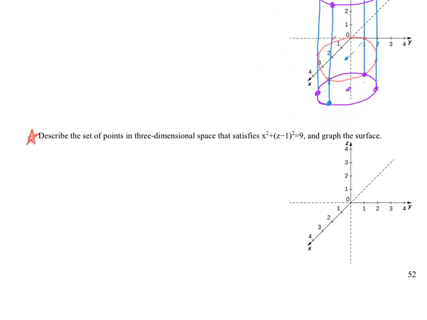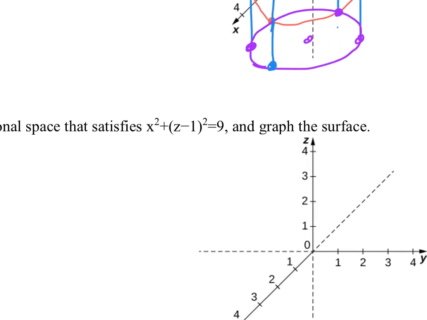So number 52: describe the set of points in three-dimensional space that satisfy this equation. All right, so what we have here is a center of 0, 1 with a radius of 3. The issue is it's not x, y like it was in the previous function, like it would be in 2-space, or the xy plane anyway.